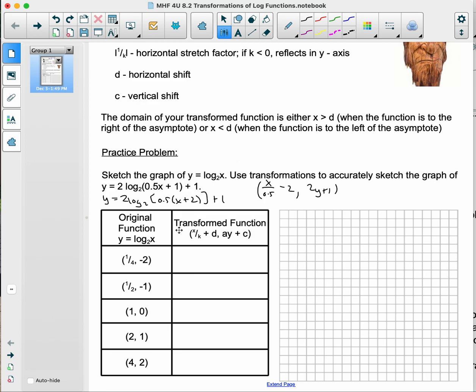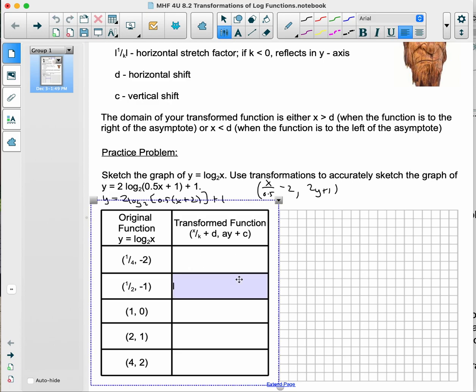So I'm just going to take my x, multiply it by 2, and then subtract 2. A quarter times 2 is a half, minus 2, negative 1 and 1/2. Negative 2 times 2 is negative 4, plus 1 is negative 3, and so on. A half times 2 is 1, minus 2 is negative 1. Negative 1 times 2 is negative 2, plus 1 is negative 1.